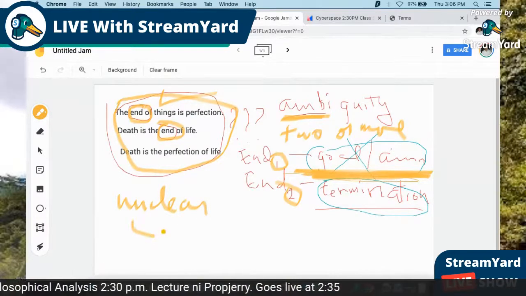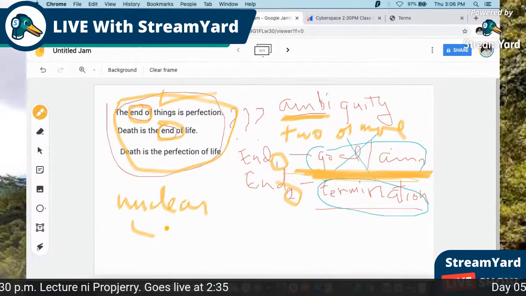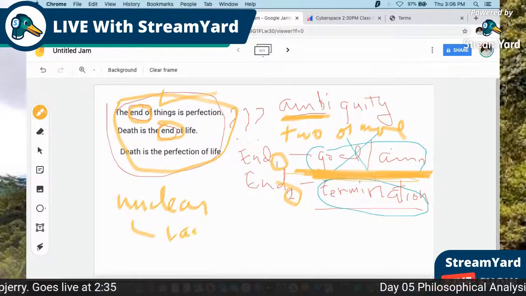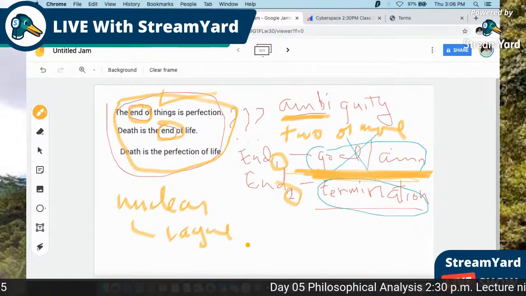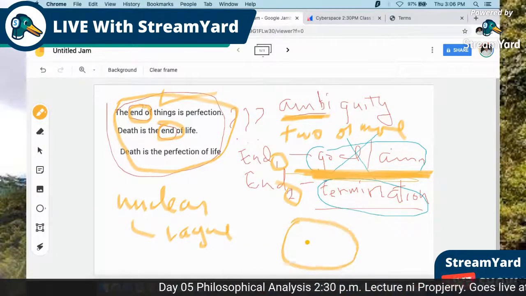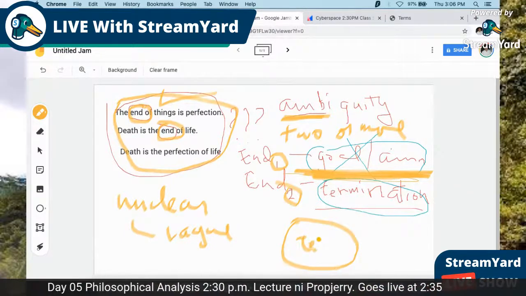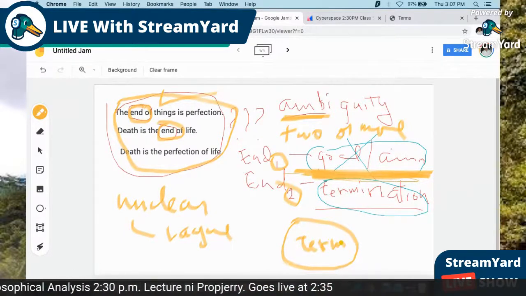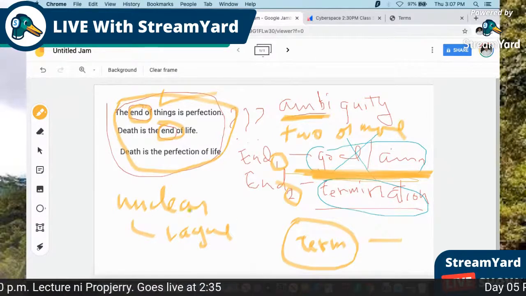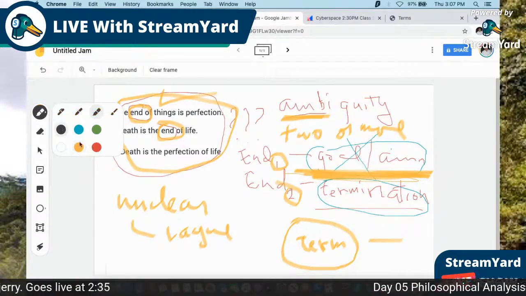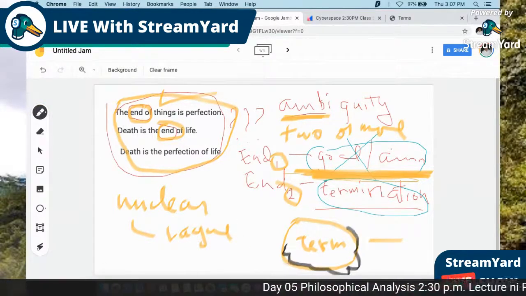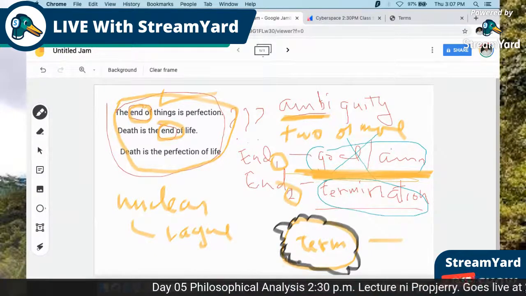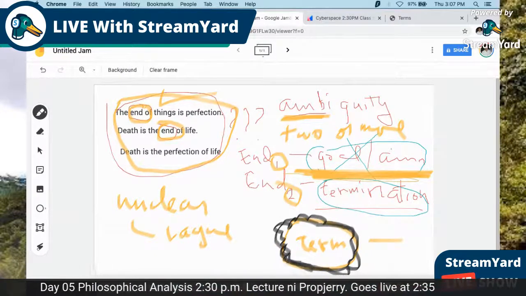One, your term is vague. In other words, the boundary between your term and those beyond your term is unclear. The boundary is hazy or a gray area.